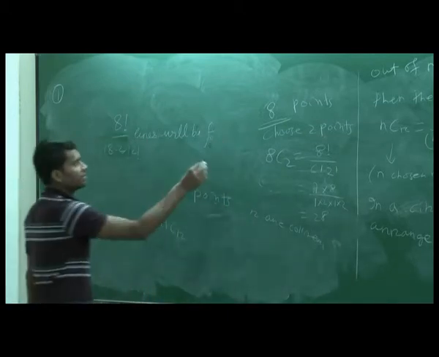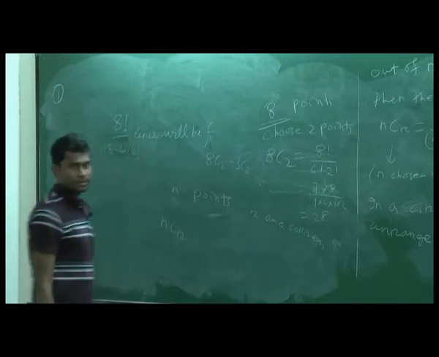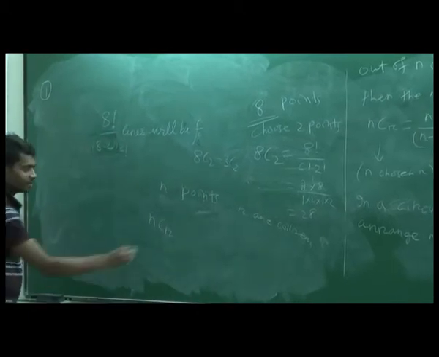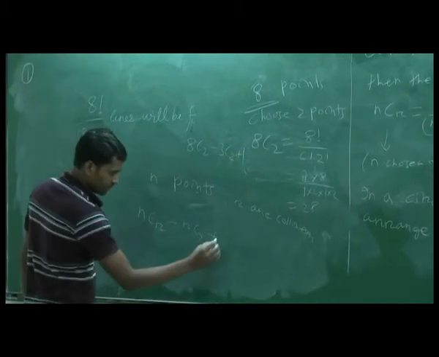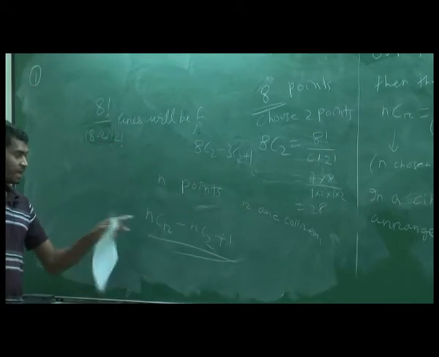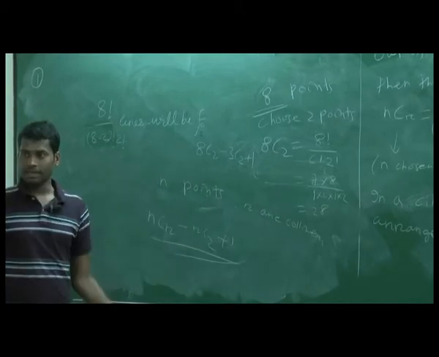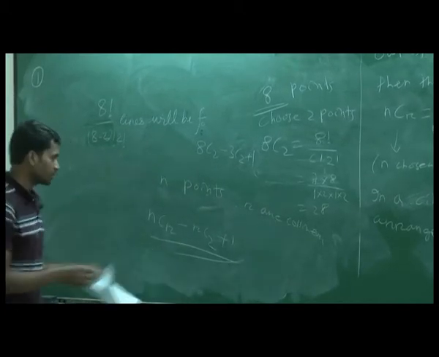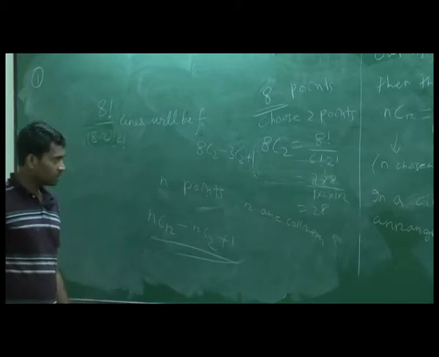In the previous case, what was that? 8C2 minus 3C2 plus 1. Here nC2 minus rC2 plus 1. So this is the general formula. If we have n points, out of which r are collinear, then we can draw nC2 minus rC2 plus 1 number of lines.